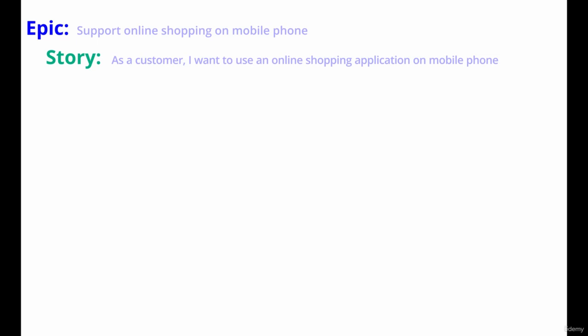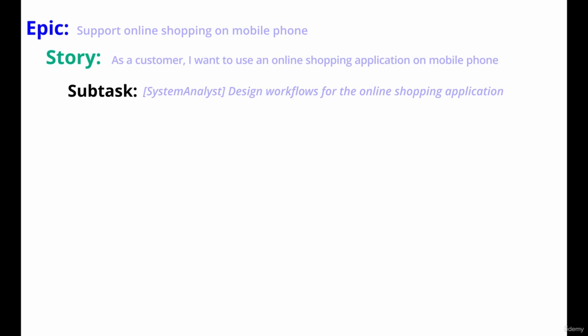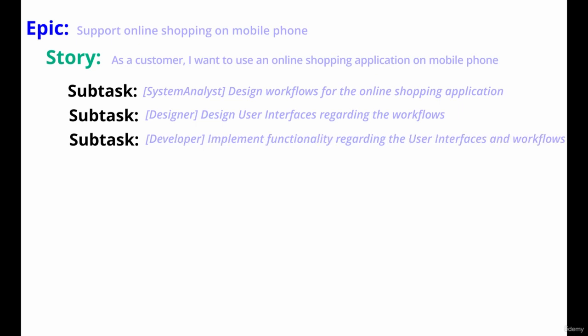The story contains subtasks assigned to system analysts to design workflows for the online shopping application. The next subtask in this story is for designers to design user interfaces regarding the workflows. And the last subtask in the story is for developers to implement functionality regarding the user interfaces and workflows.